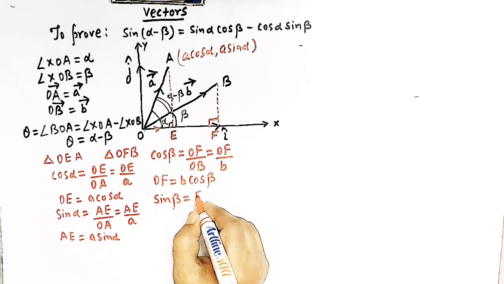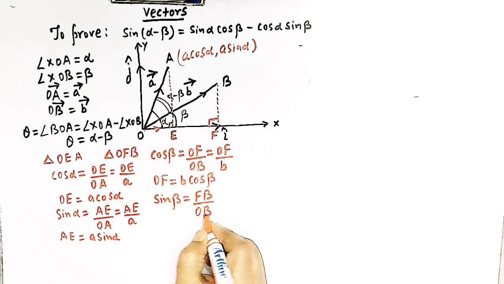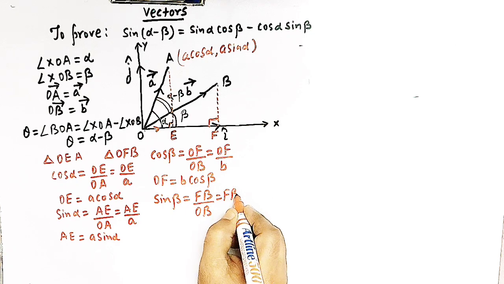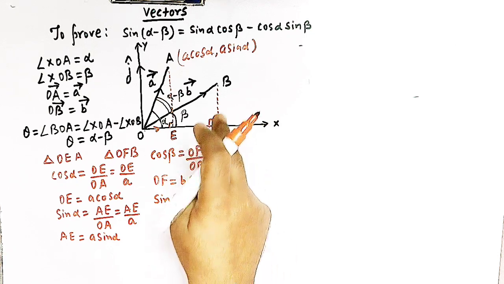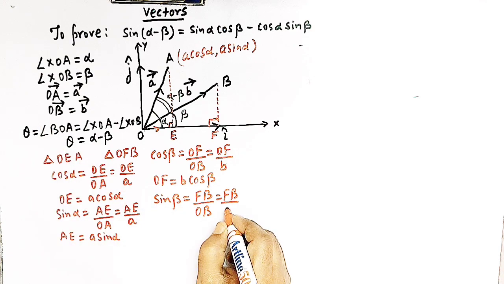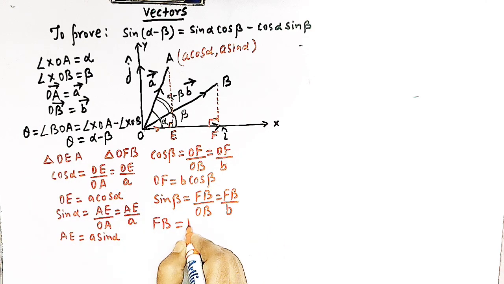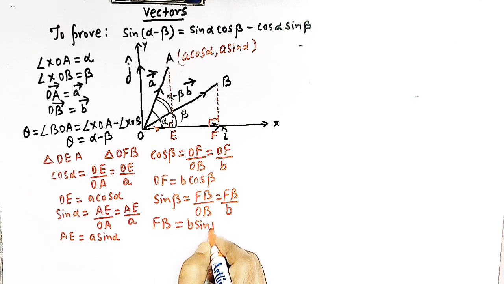So here we have FB over OB, and OB is the magnitude of vector OB. So here we have B. So FB is now given by B sine beta.